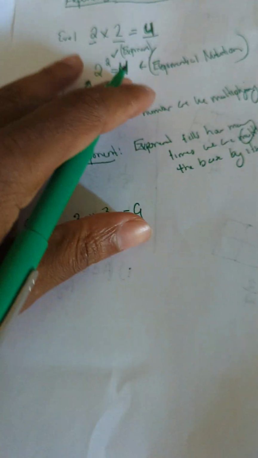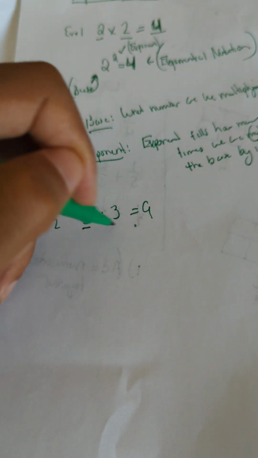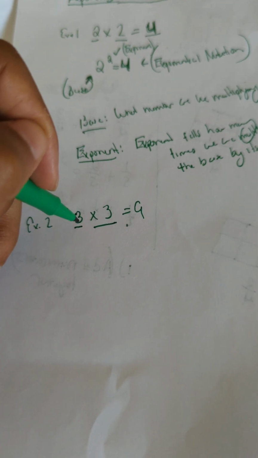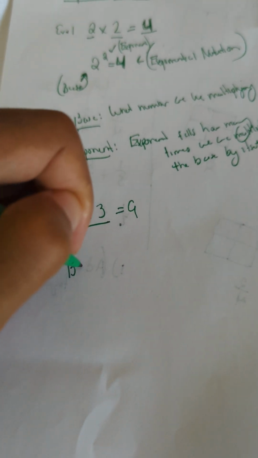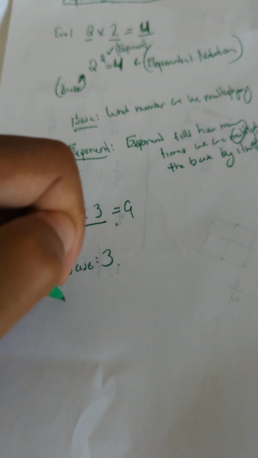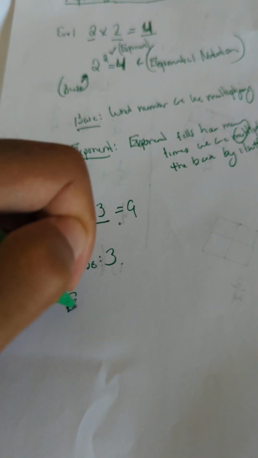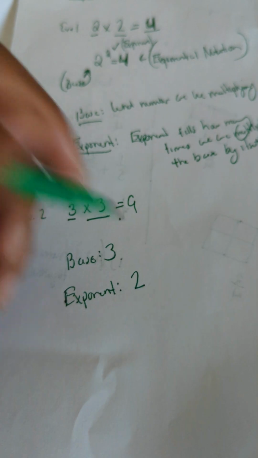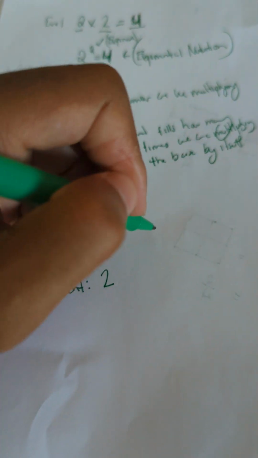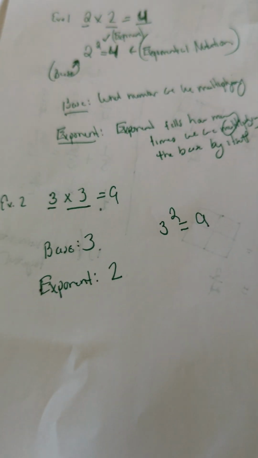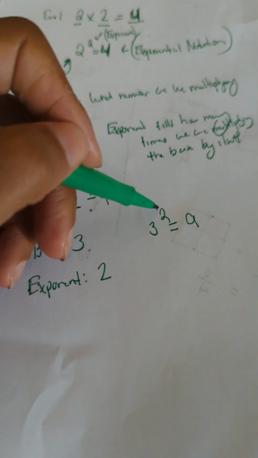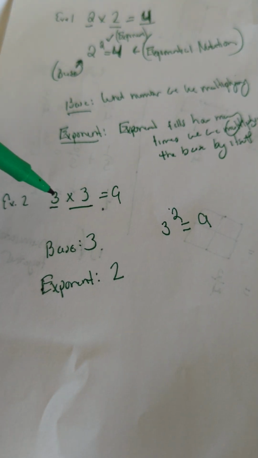Since we're multiplying 3 by itself, the base is 3, and since we're multiplying it 2 times, the exponent is 2. So we can rewrite it as 3 squared equals 9.